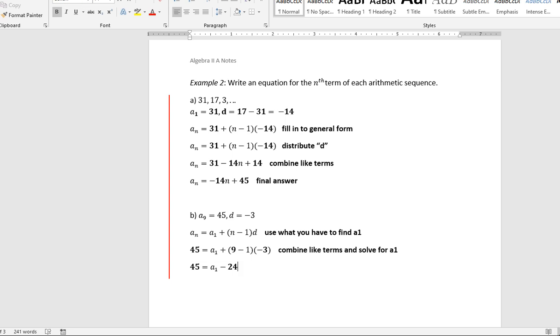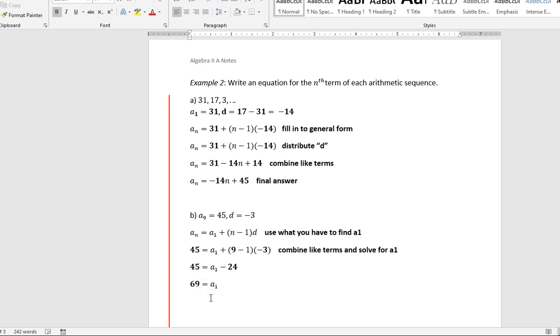Minus 24. So then we just solve for a sub 1, and we will get, hold on, so that is 24 plus 45. 69 is a sub 1.